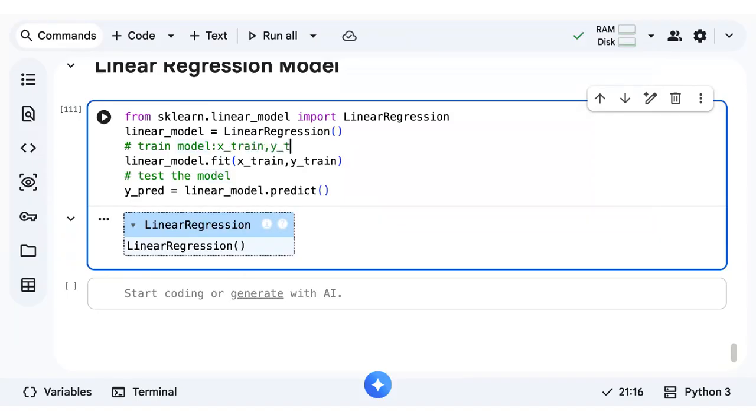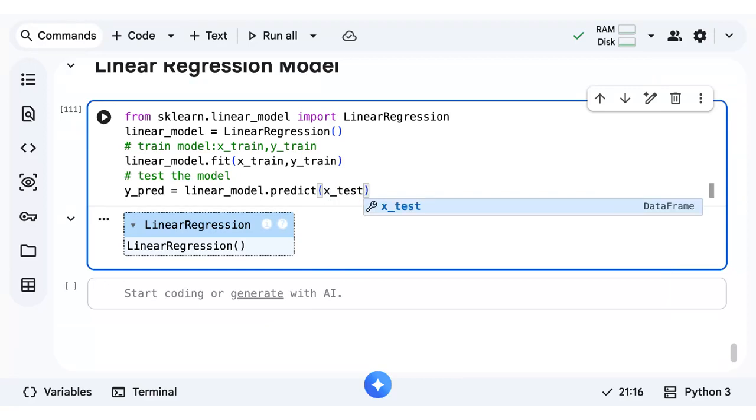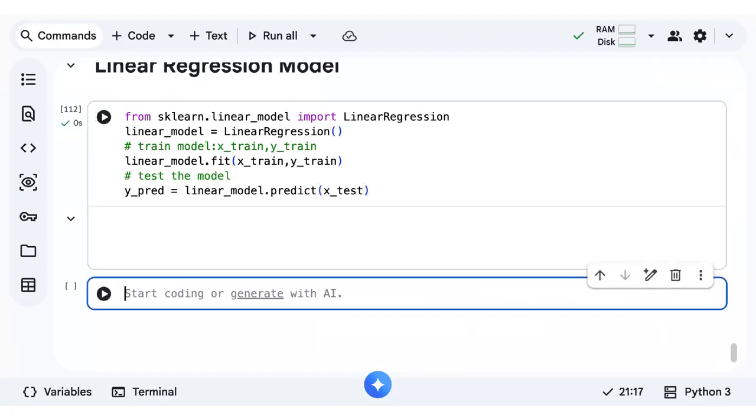For training, we passed X train, Y train because it's supervised learning. For testing, what should we use? Only X test should be used. We give just an input, so it should be able to make predictions now. It should give an output now, right? That's it. So done with the prediction.